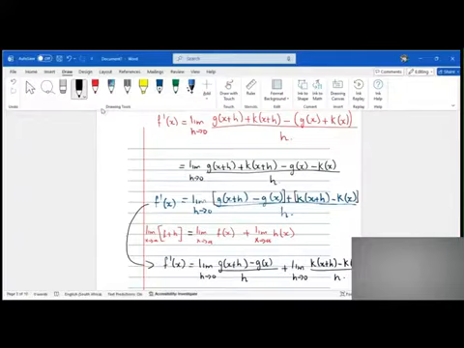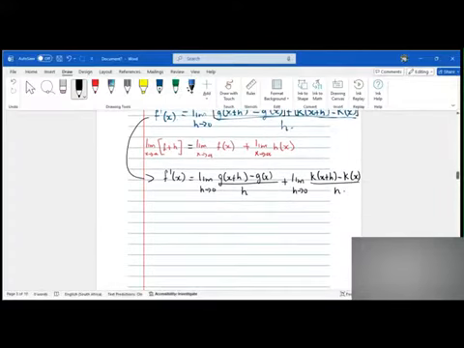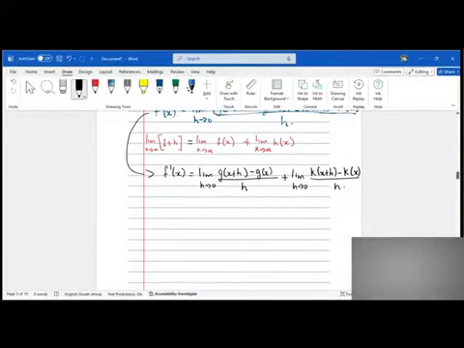Okay, so let's try to move on. We are almost there. So now what do we notice? We notice that the derivative of f, or the instantaneous rate of change of f, is nothing but, we recognize this guy, in the form of a first principle applied on a function g.